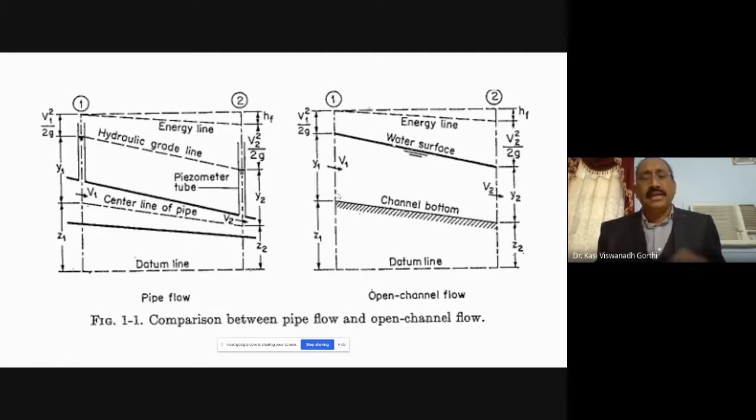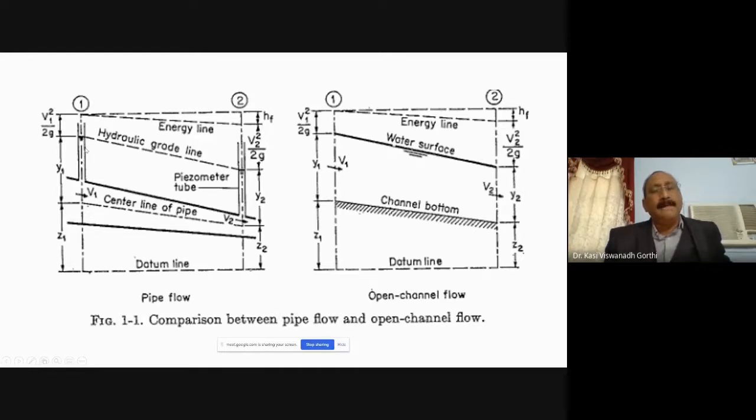Now we are trying to look at the open channel flow. A simple comparison is given in this figure for both open channel as well as pipe flows. In the case of the pipe flow, if this is the datum line and this is the pipe, the velocity here is V1 and the velocity here is V2.